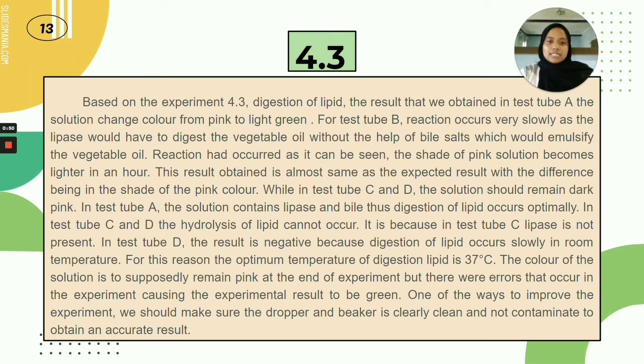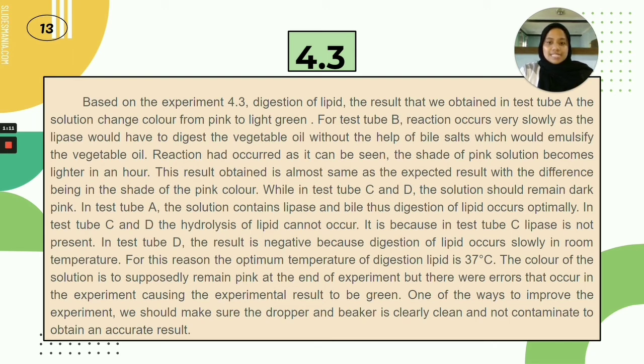This result is almost the same as the expected result, with the difference being in the shade of the pink color. While in test tubes C and D, the solution should remain dark pink. In test tube A, the solution contains lipase and bile, thus digestion of lipid occurs optimally.